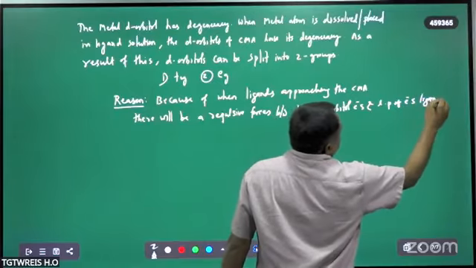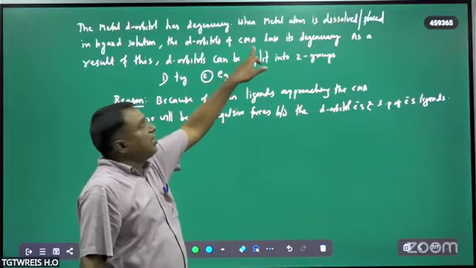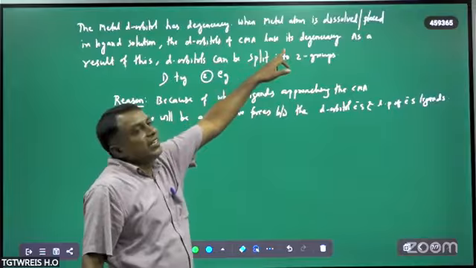So that's why the d orbitals of the central atom lose their degeneracy.